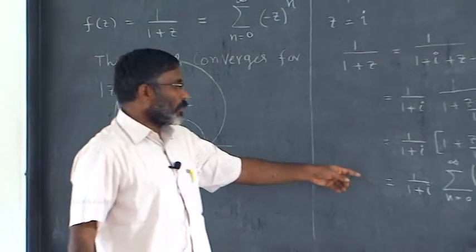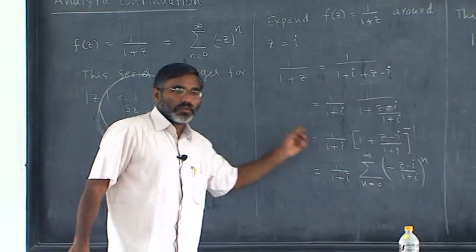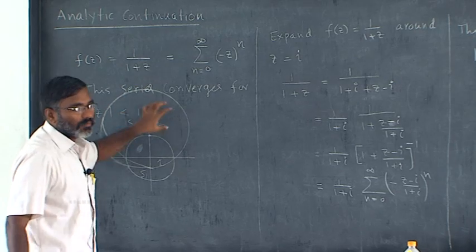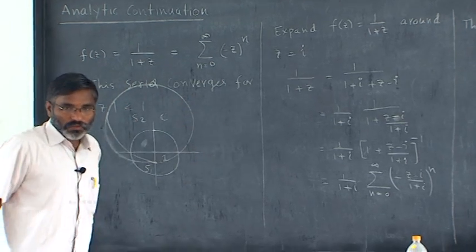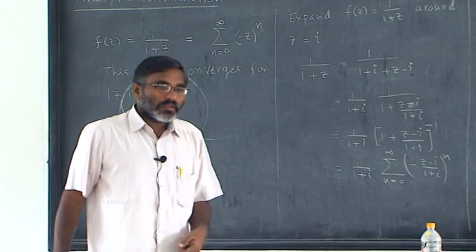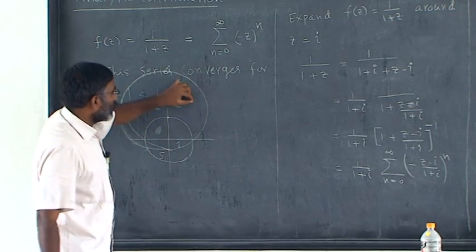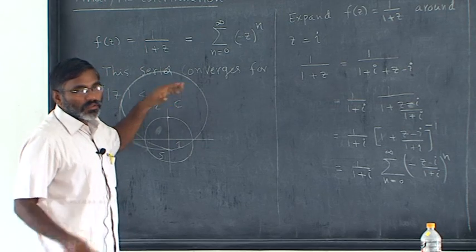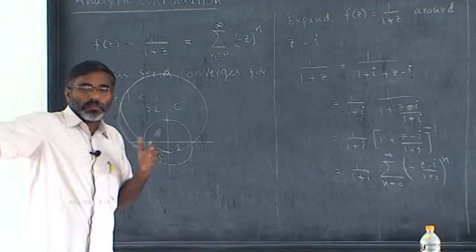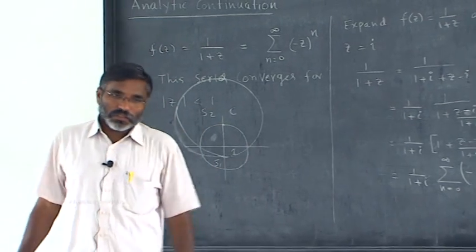So since you can expand this in terms of Taylor series about i, all points in this region, this series will converge within this. You can go on doing this, so you can expand about some other point, then you will have a different region. So this series representation you can get throughout the complex plane by analytically continuing with this.